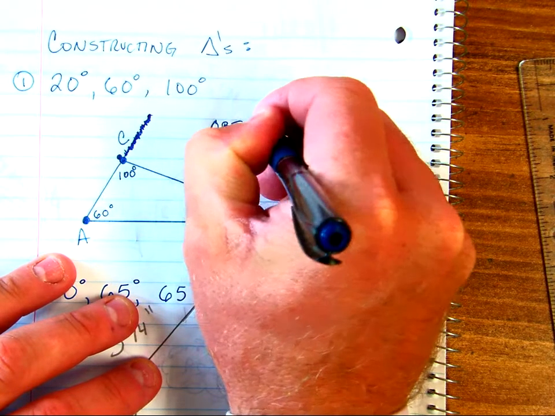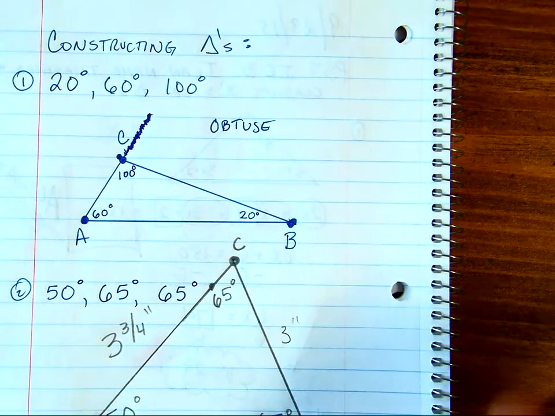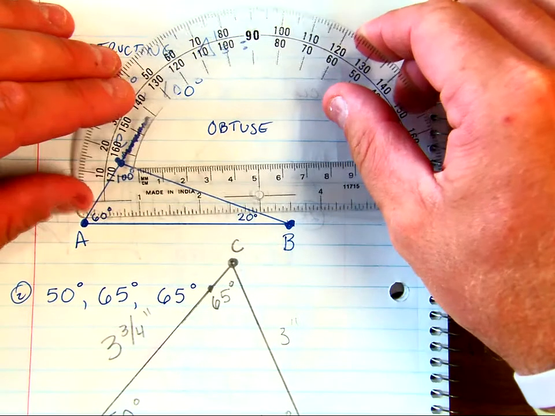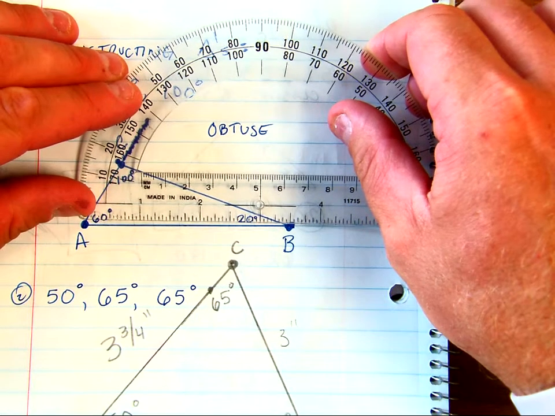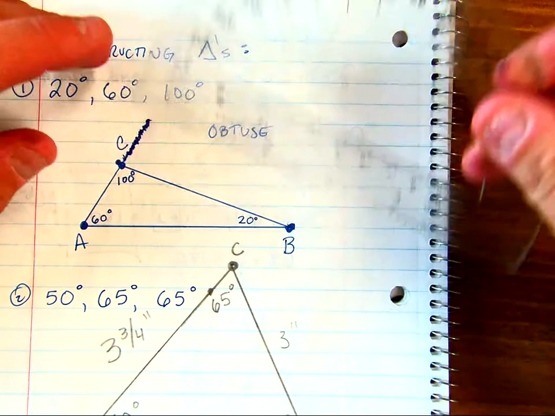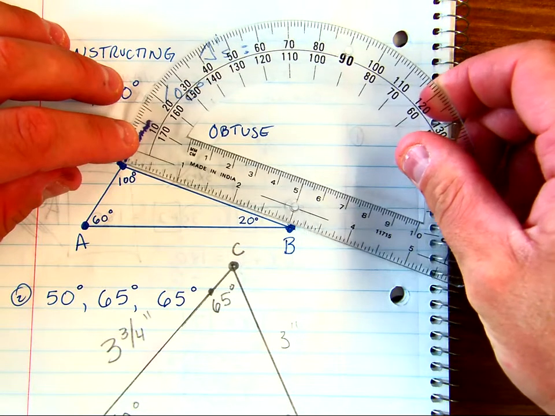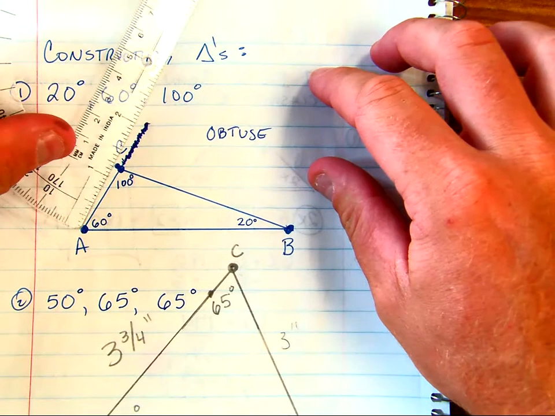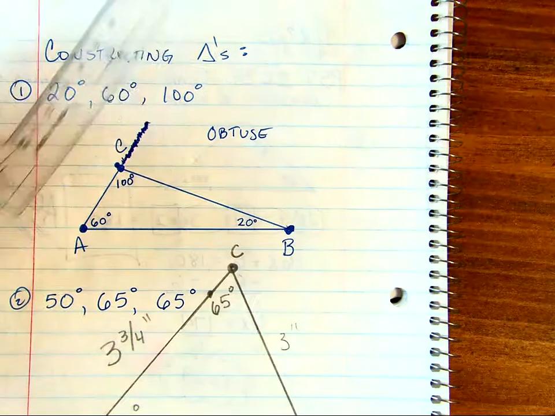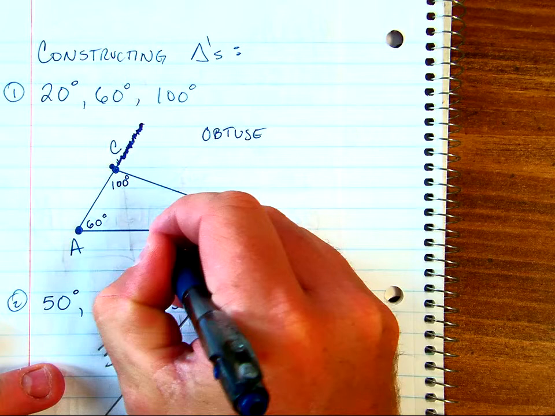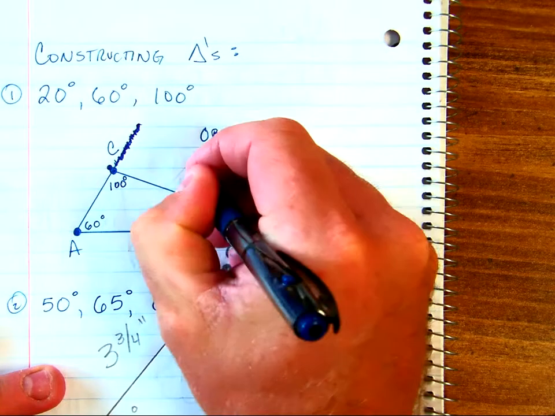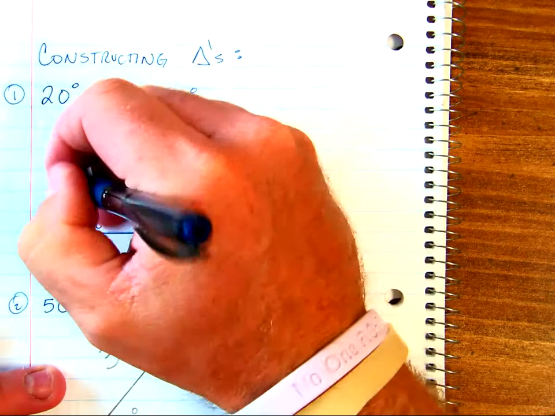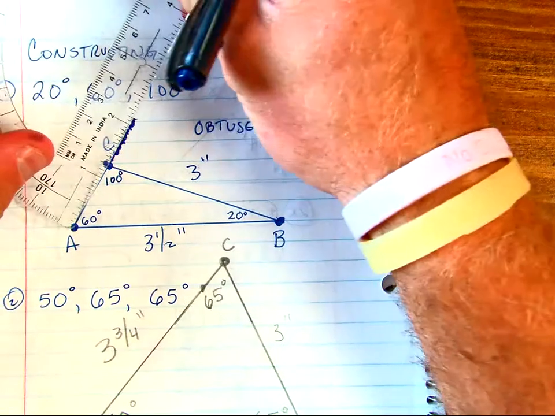And now let's measure this. AB is 3.5. BC is 3. And AC is 1 1/4. So we have 3.5 inches, 3 inches, and 1 1/4 inches.